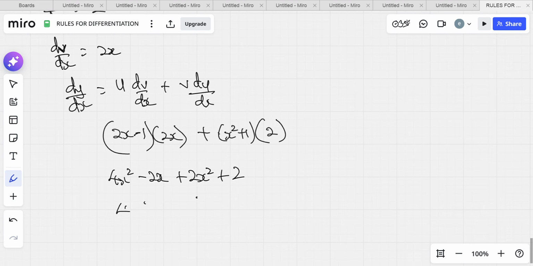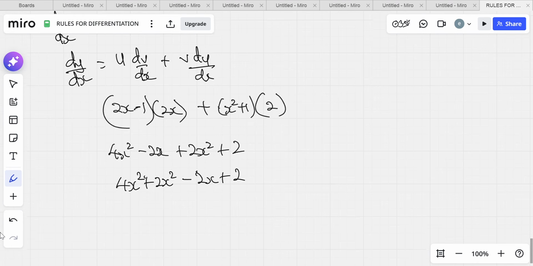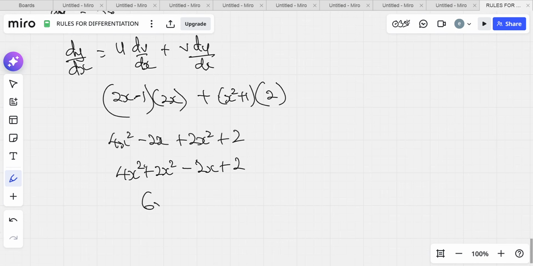So when I bring it together, I have 4x squared plus 2x squared, minus 2x plus 2, leaving me with 6x squared minus 2x plus 2.